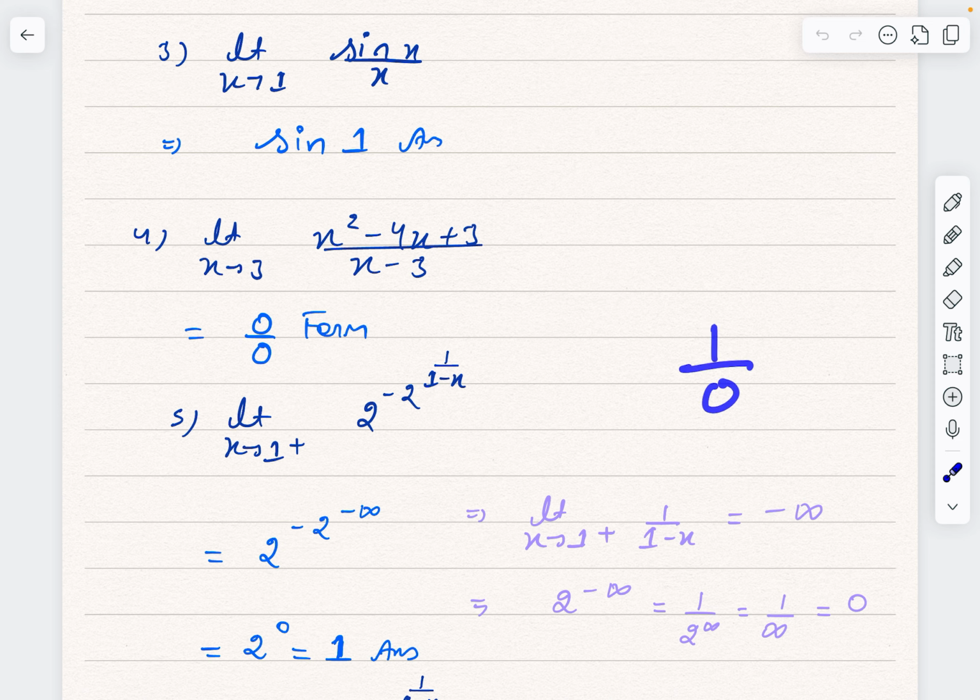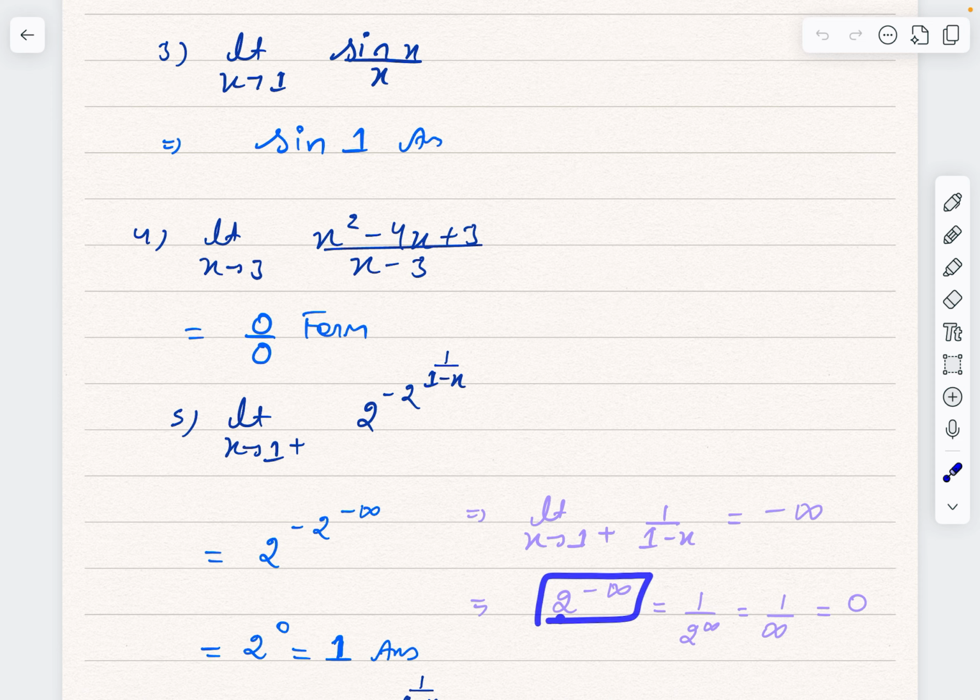So if it is 1 by 0, there also it will depend which infinity it will be, positive or negative. If slightly more than 0, positive infinity. And if it is slightly less than 0, it will be negative infinity. So in this case, this value comes out to be negative infinity. So now 2 power minus infinity will be what?